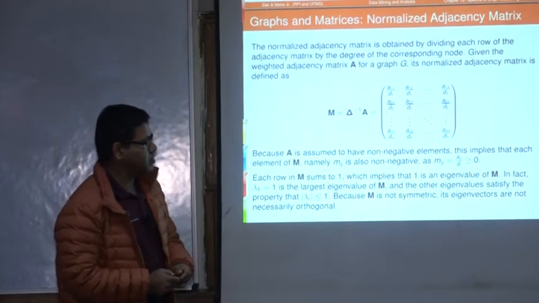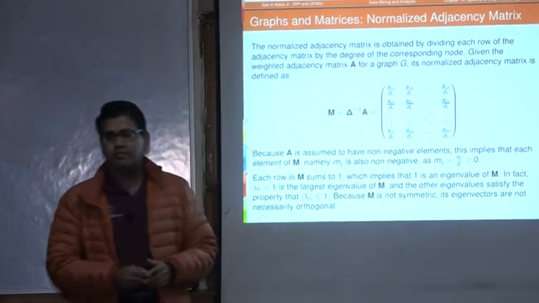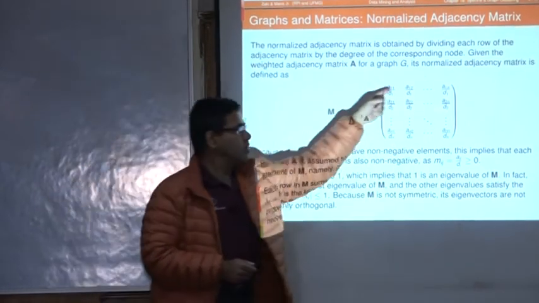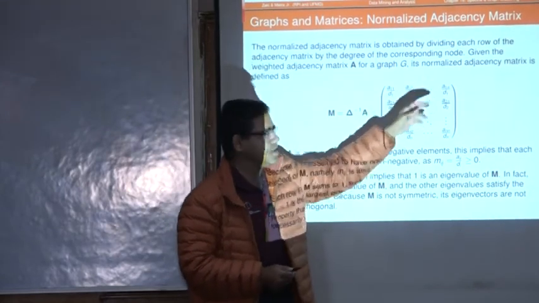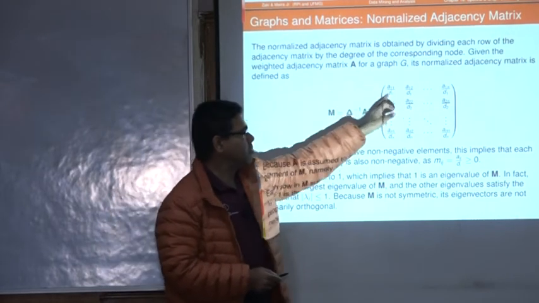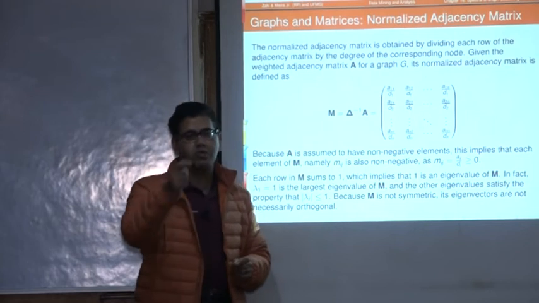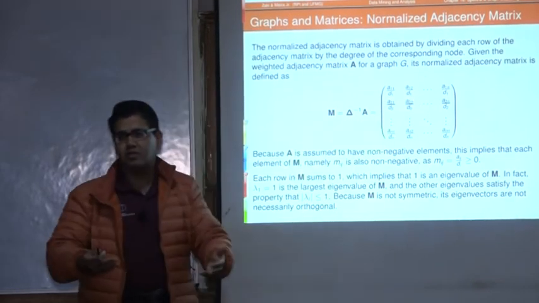But we do know something about this. We know that every row will sum up to 1. Just look at it: if I add this up, this is A11, A12, A1n. That's actually the degree of the first vertex. So that's exactly what we want. This now becomes the probability of jumping from 1 to 1, the probability of jumping from 1 to 2, and so on. So this is why it's the transition matrix.